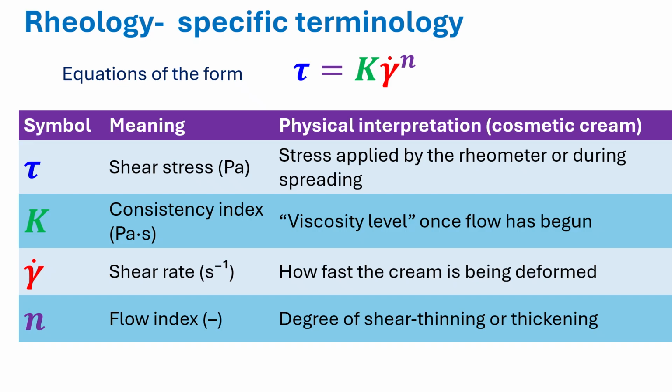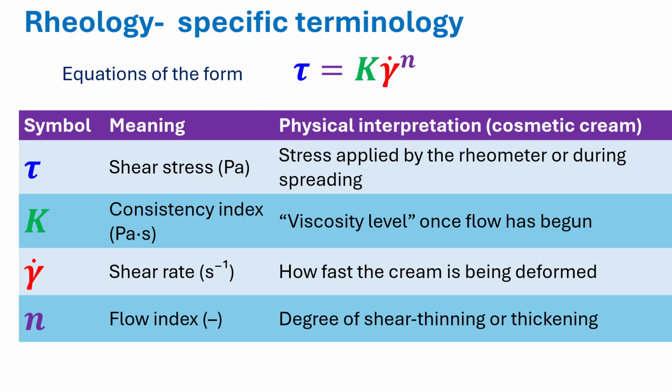With the power law, there are some nice simple terms, and it's nicely explained in this slide here, where we have our shear stress, which is the tau value, the blue value, and then we have our consistency index, the green K value, which could be described as a viscosity level once flow has started.